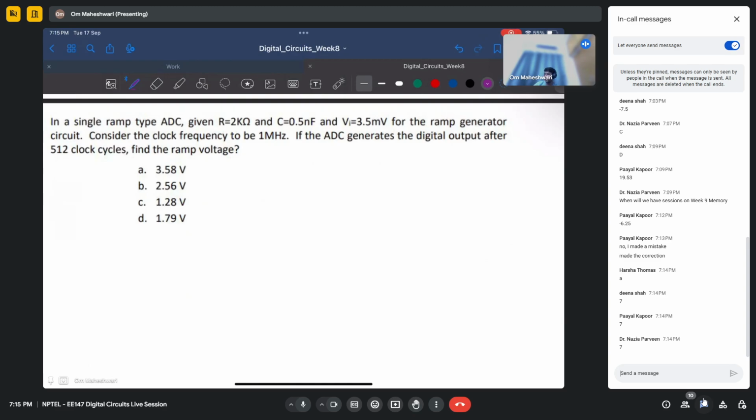So next we have a different question now. In a single ramp type ADC, given R is 2 kilo ohm, C is 0.5 nanofarad, Vi, the input voltage, is 3.5 millivolt for the ramp generator. Consider the clock's frequency to be 1 megahertz.